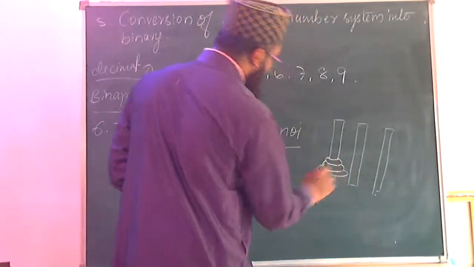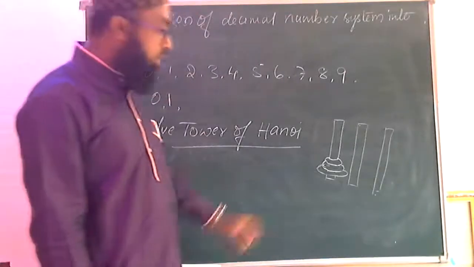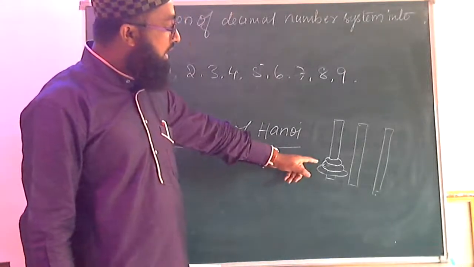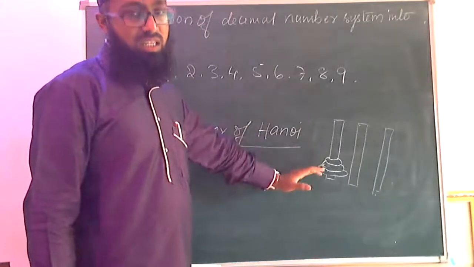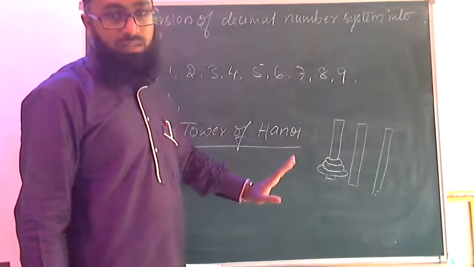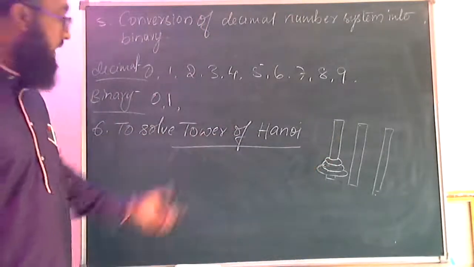So this type of problem is called the Tower of Hanoi. First the larger, then a little bit smaller, then finally the smallest. Arranging in ascending order: smaller, bigger, bigger. This type of tower problem is called the Tower of Hanoi.